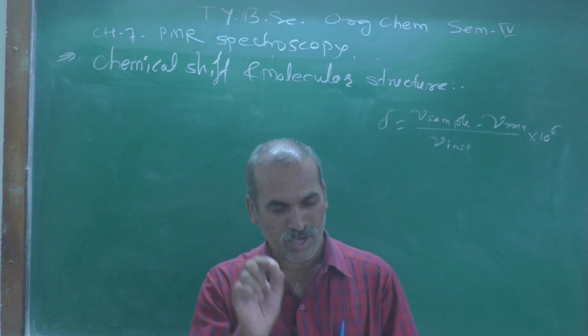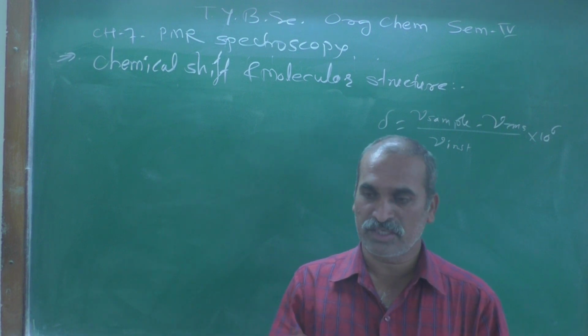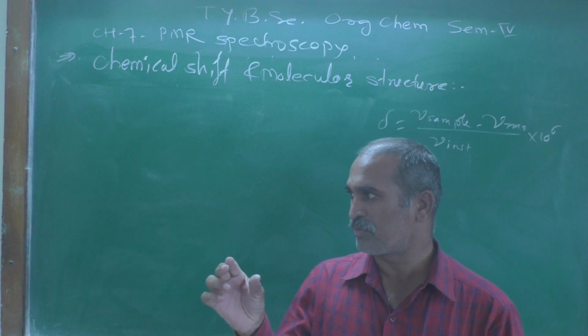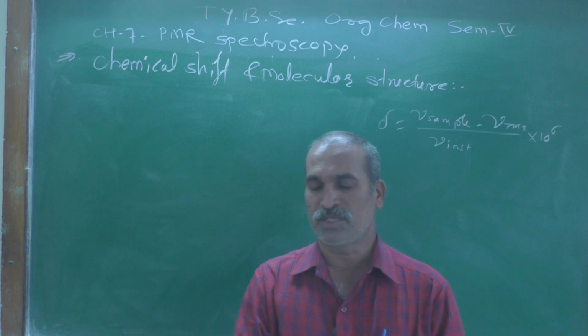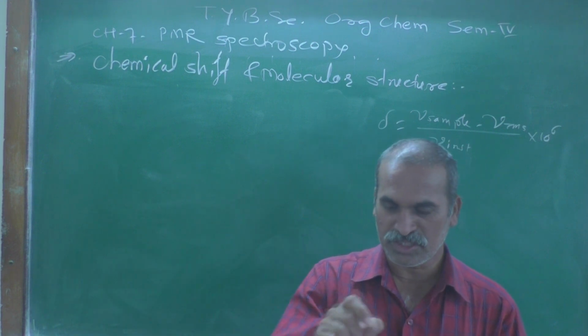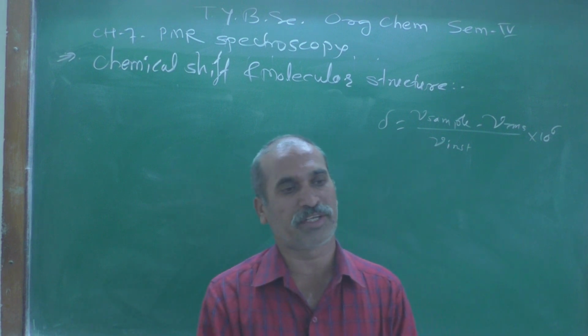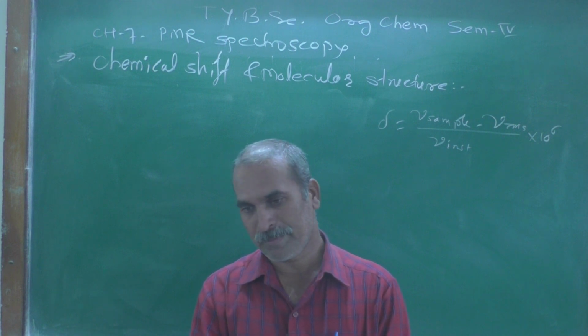Another point: vinylic protons or aromatic protons are de-shielded compared to saturated protons. A saturated proton, which is attached to an sp3 carbon atom, is more shielded, and is found at near about 0.9 delta or ppm.